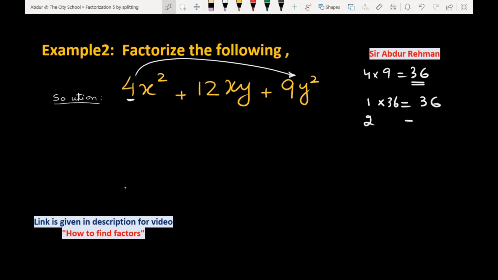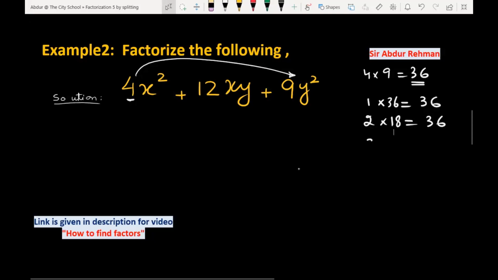Now 2 times what is 36? When you divide 36 by 2, you will get 18. But 18 plus 2 is 20, and 18 minus 2 is 16. But the middle term is 12 here, 12xy. So try to get 12 by adding or subtracting the factors.